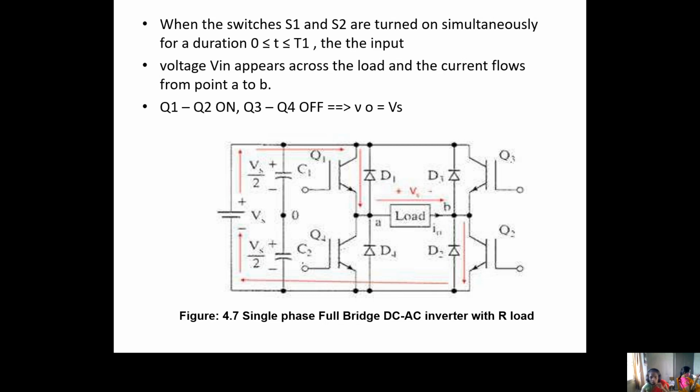So in this figure we have to see at the start. S1 and S2 will be turned on simultaneously for the interval of 0 less than t less than or equal to t1.